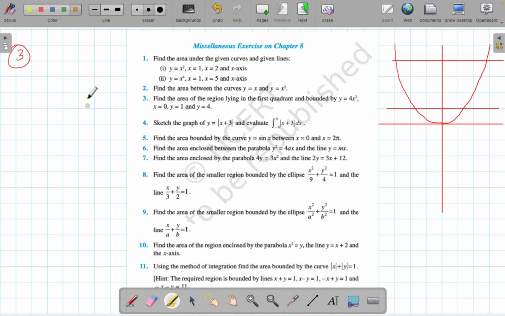Let me just take the pencil to find out the shaded area. X is equal to 0, that is the y-axis, this curve part and this line. So you know how to find the area, this yellow part or greenish yellow part for that matter. All right. So I'm writing it quickly.